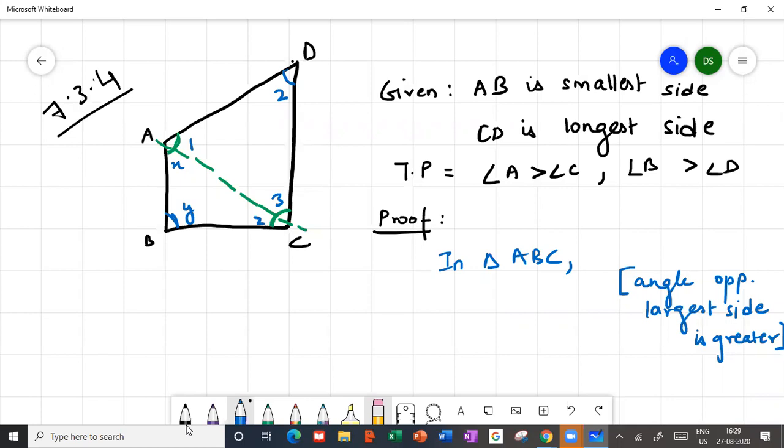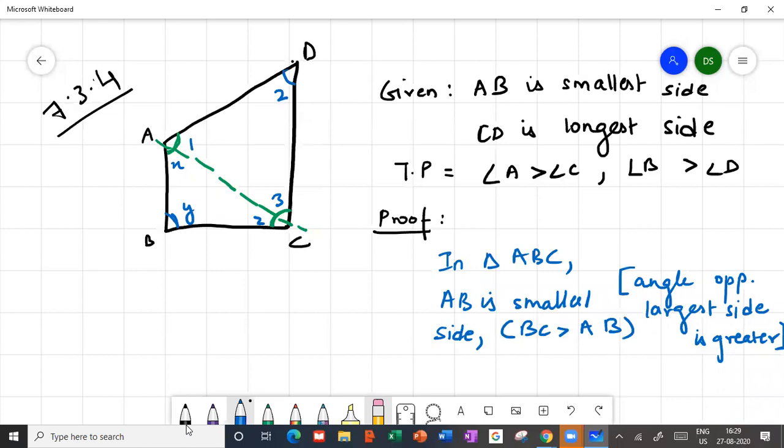Okay, so we know that AB is the smallest side, right? So I can say, since AB is the smallest side, BC will be greater than AB, correct?